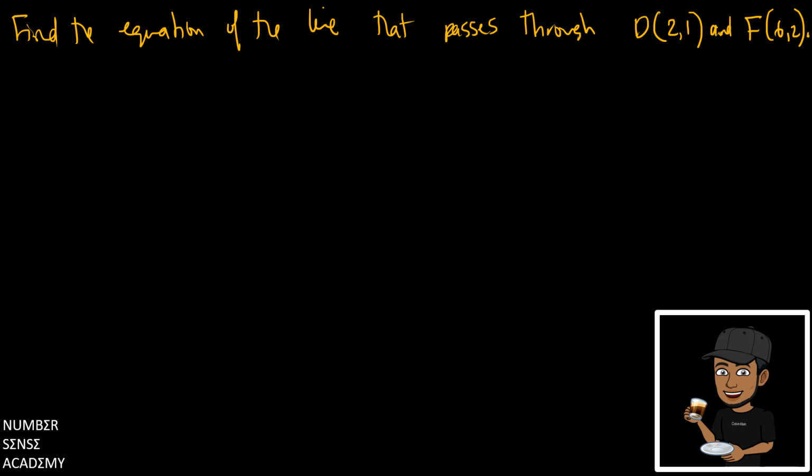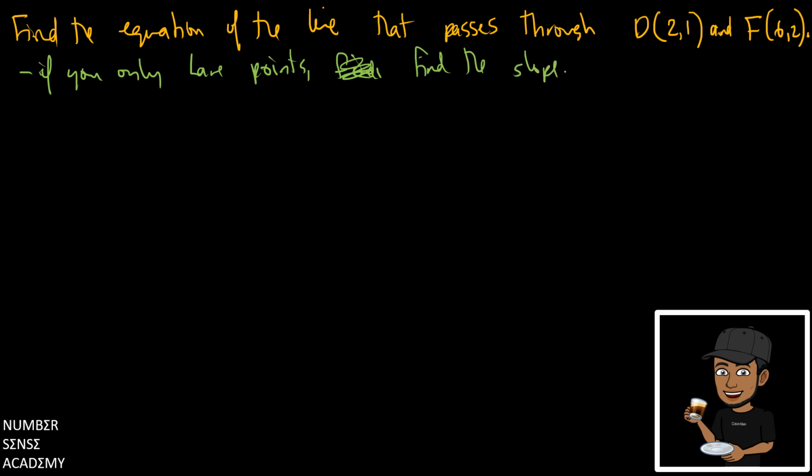So this means that we need to find the slope. If you only have points, start by finding the slope. Remember, slope is equal to y2 minus y1 over x2 minus x1.